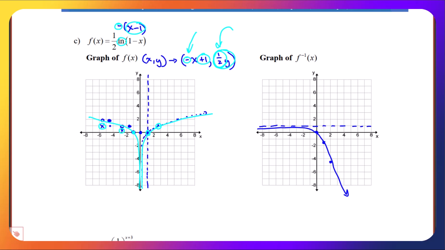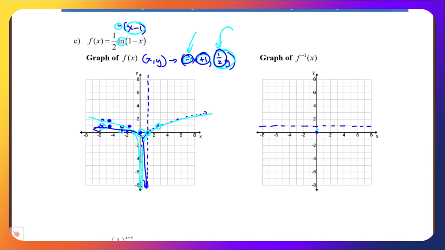And so this point goes here, this point goes here, and this point goes here. And so that takes our graph, we reflected it, we've shrunken it by half, and we moved it to the right one.